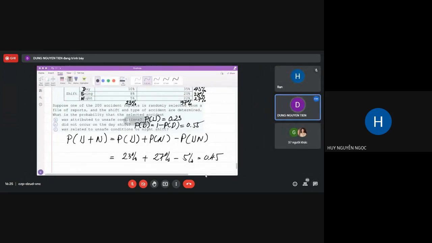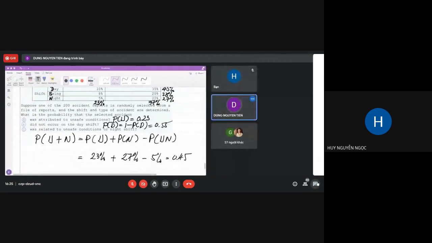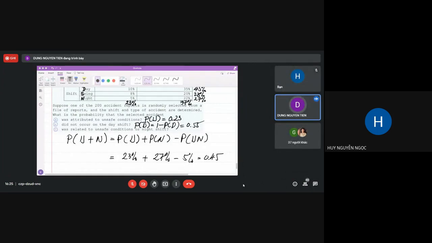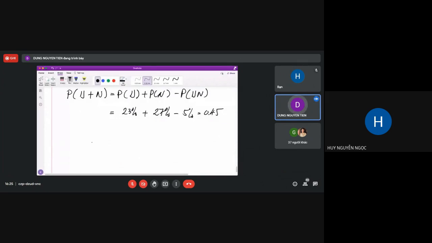Then we can move on. I think we are ready to move on to the next part of conditional probability. Let's go back to this example. The probability of U is 23%.